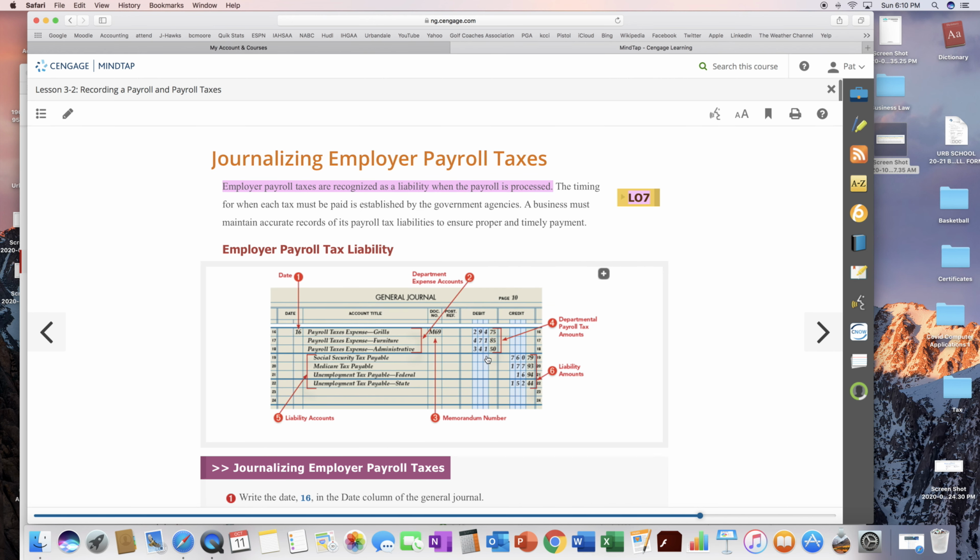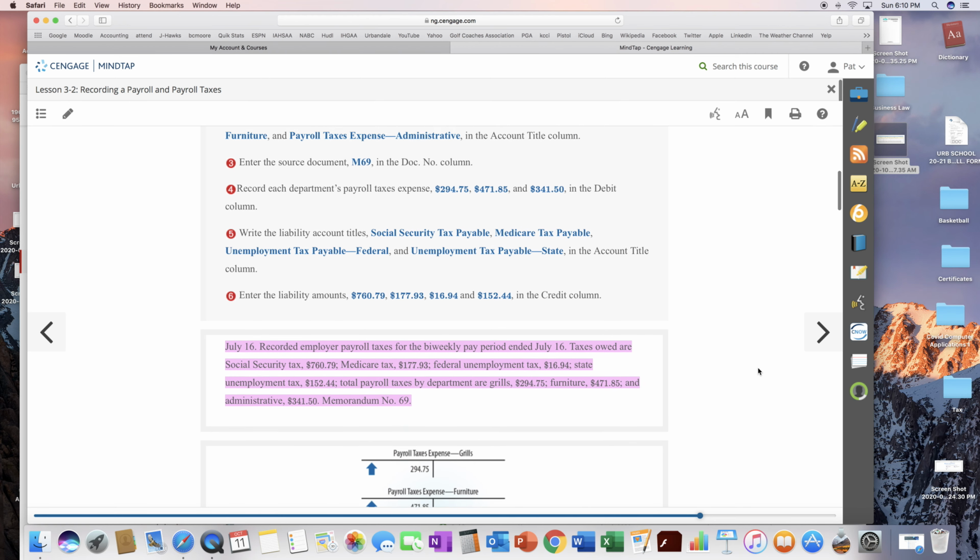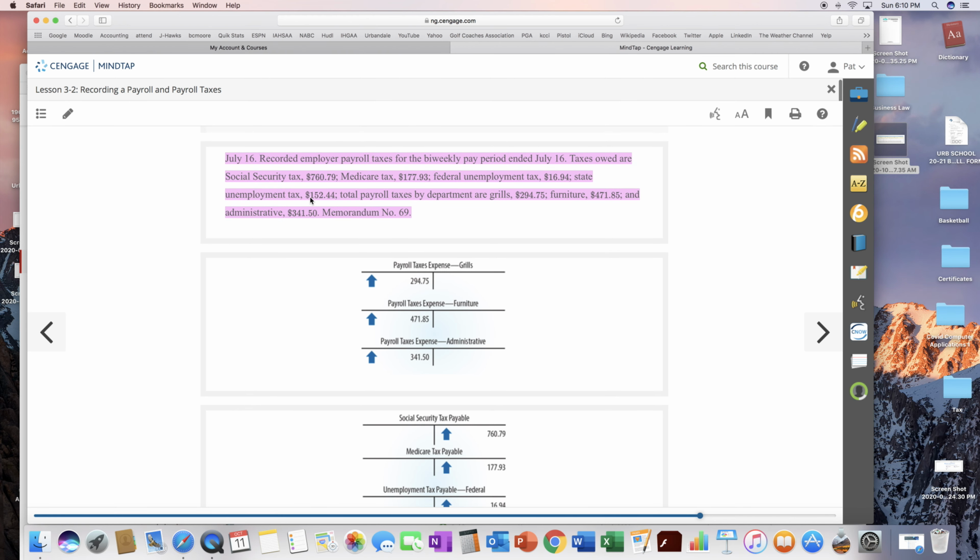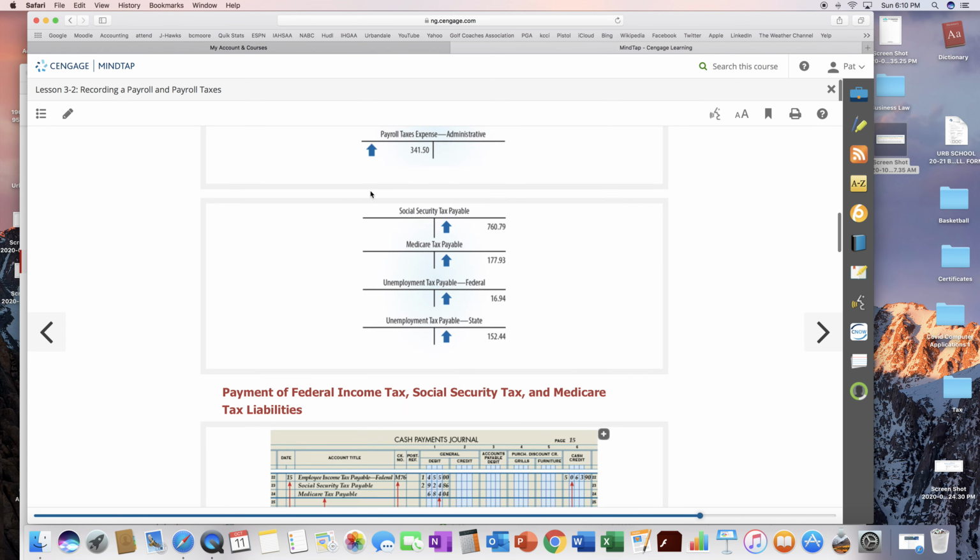And what these should do is the debits should equal the credits on that. Record these payroll taxes. Sometimes they'll give them to you too. But this might be something where you take a little bit better look at it.